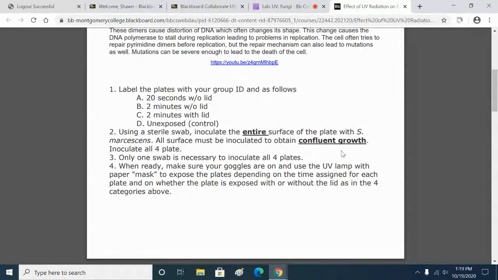Now, before you can start to zap your bacteria, you must completely cover the entire surface of the agar plate using a swab. So just as was shown in the video is how we would have done it. And you notice how she swabbed the plate side to side, top to bottom, and then rotated and did the same thing and rotated. So that way you get complete coverage of the agar surface. So it's very important.